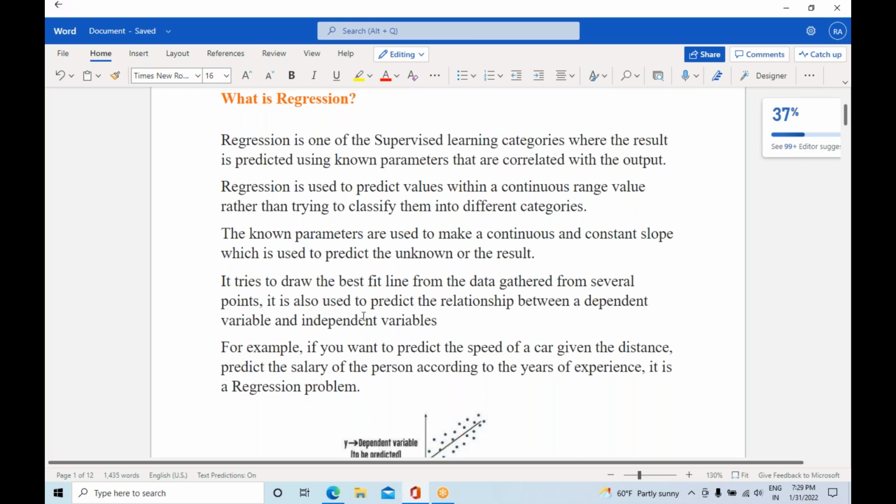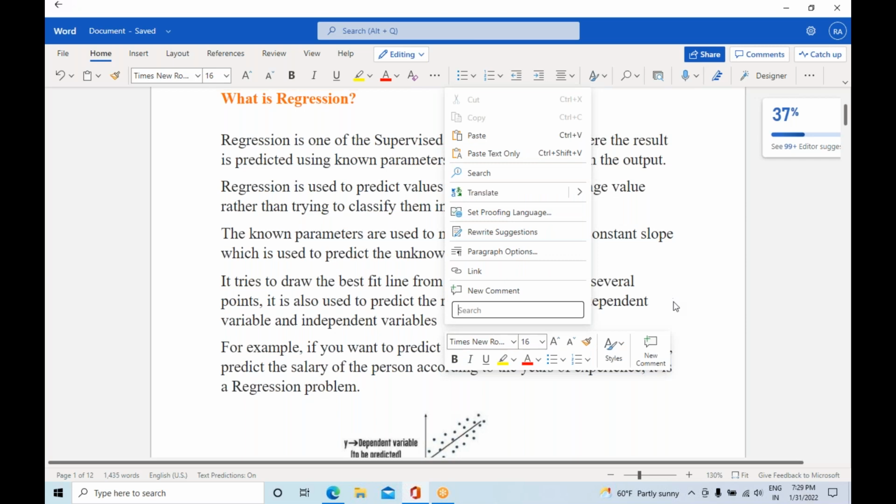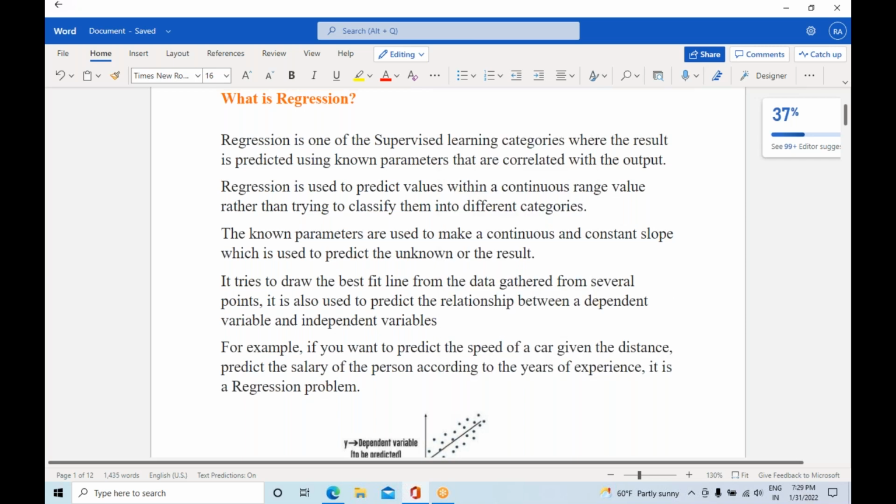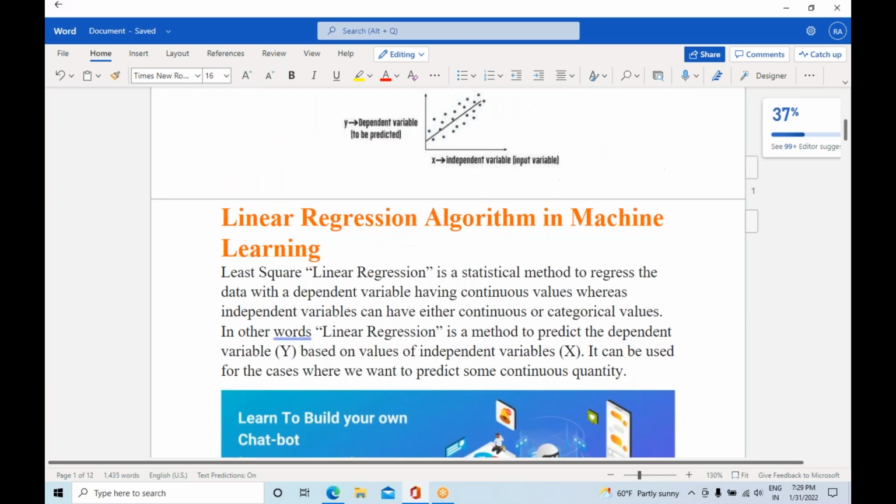It tries to draw the best fit line from the data gathered from several points. It is also used to predict the relationship between the dependent variable and independent variable. So that best fit line can help you predict the exact relationship between the dependent variable and independent variable. You can see a small example here.